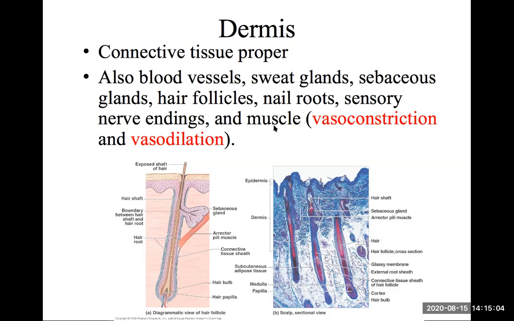muscles. Now, these muscles, as I said, can determine blood flow to the surface of the skin. This is involuntary or smooth muscle, and it carries out what's called vasoconstriction and vasodilation. Vaso means vascular or blood supply.